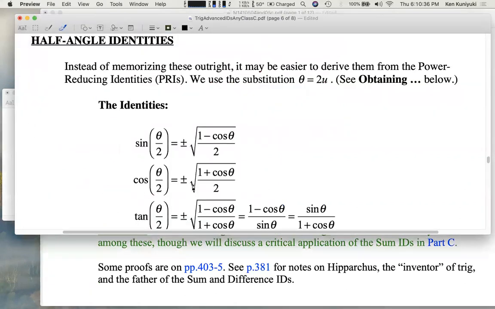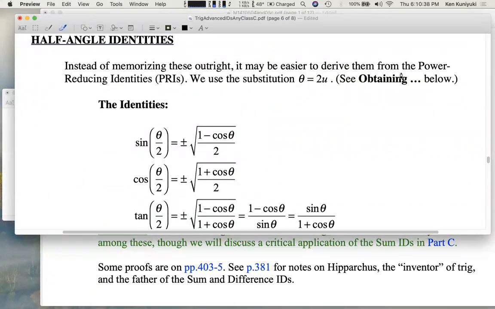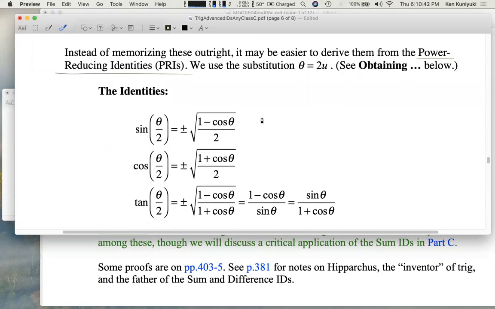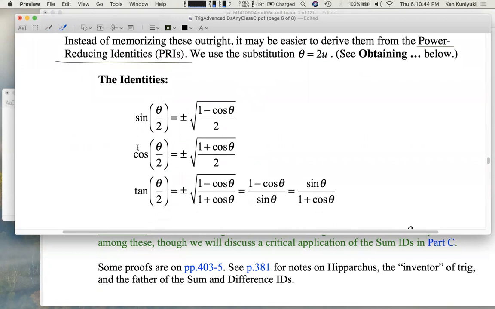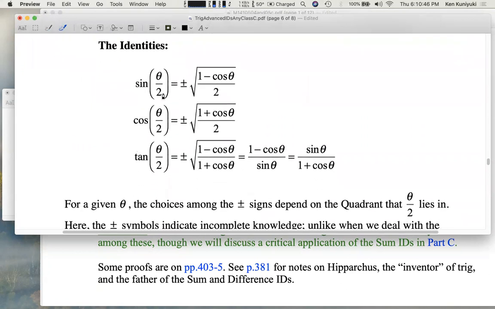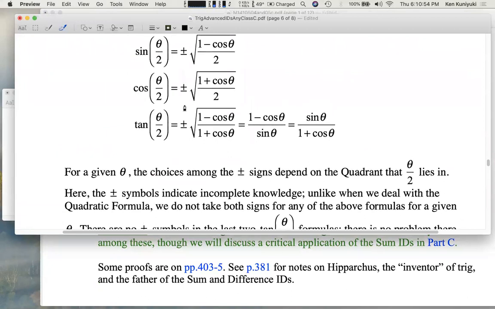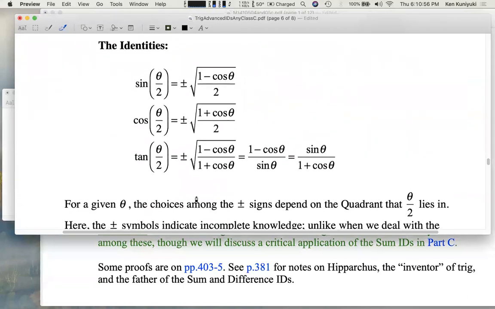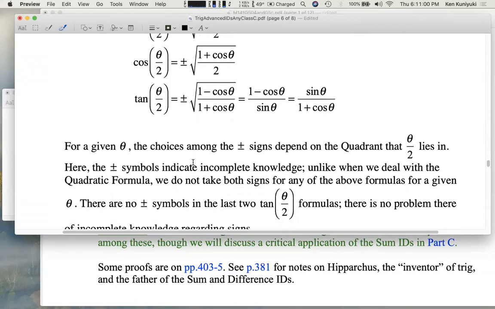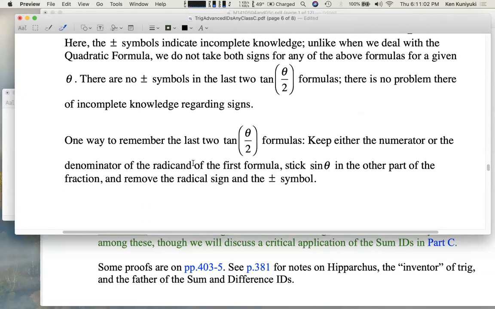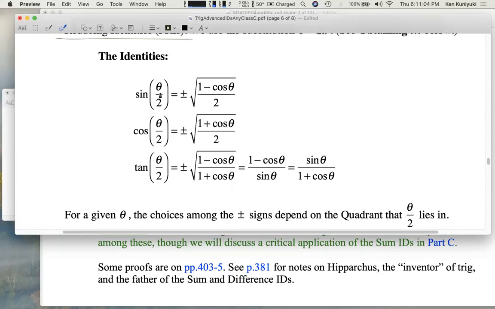Okay, well, here they are. And if anything, it might be easier if you just derive these from the PRIs using your algebra. But here they are. For example, sine of half theta, or theta over 2, is plus or minus. First of all, before I forget, you need to state that you have to choose the appropriate sign based on the quadrant that theta over 2 is in.